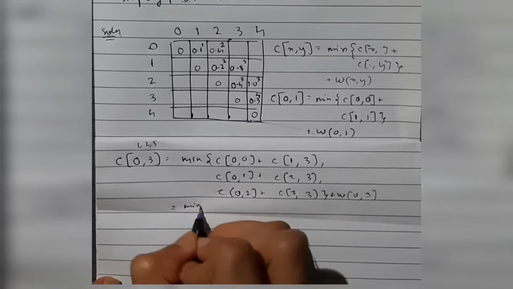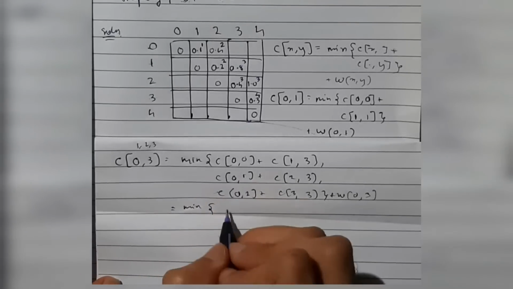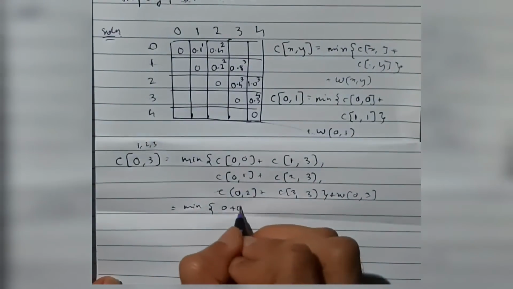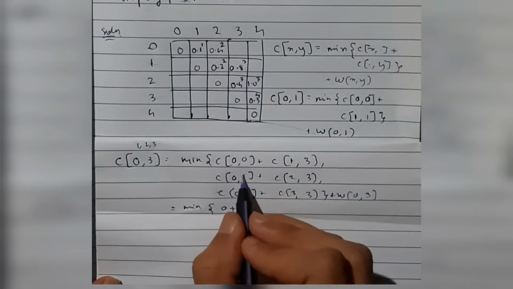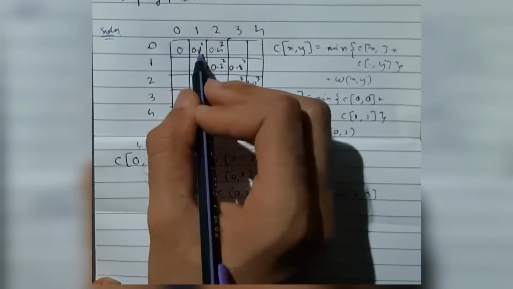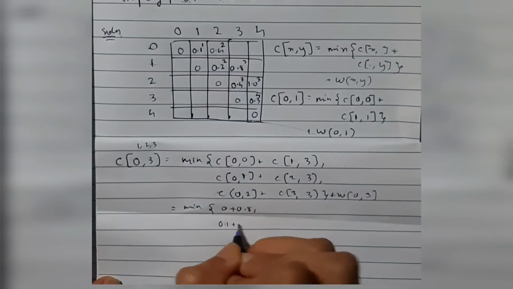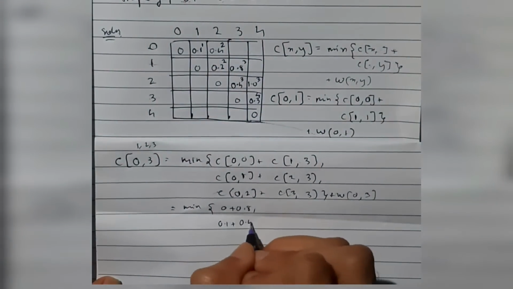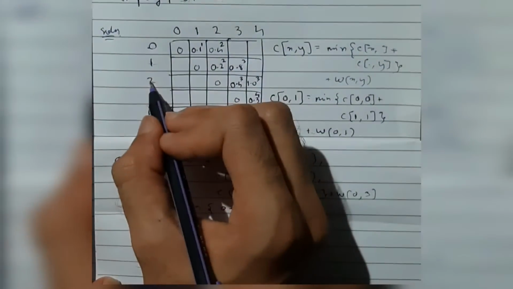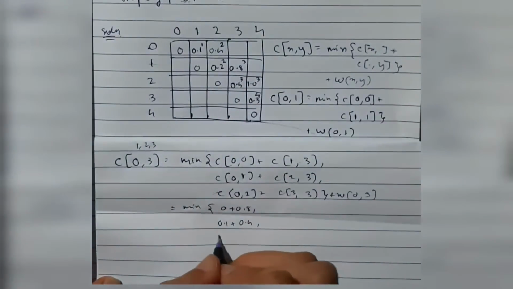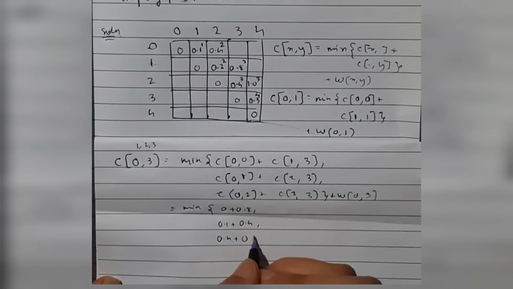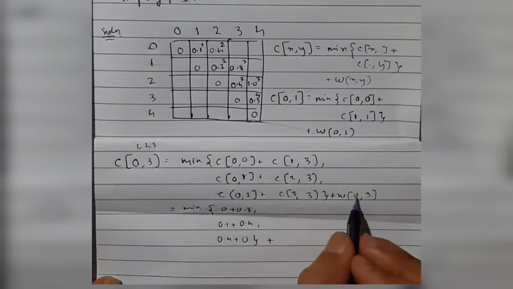Looking at the table and filling out the values, 0 and 0 is 0 plus 1 and 3. 1 and 3 is 0.8. The next one 0 and 1, 0.1 plus 2 and 3, 0.4, and 0 comma 2, 0.4 plus 3 comma 3 is 0. Plus what is weight from 0 to 3?